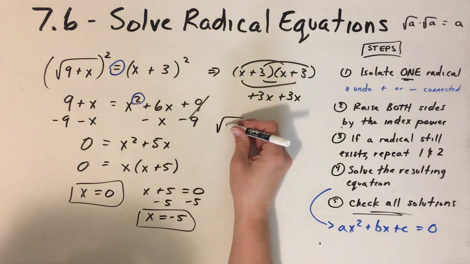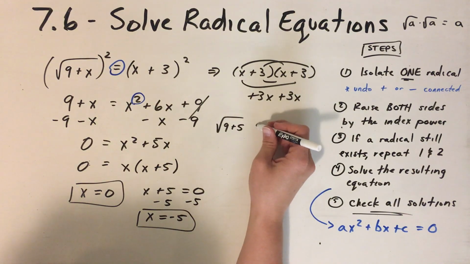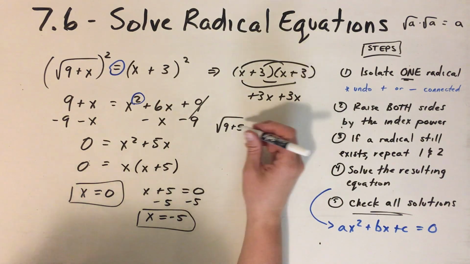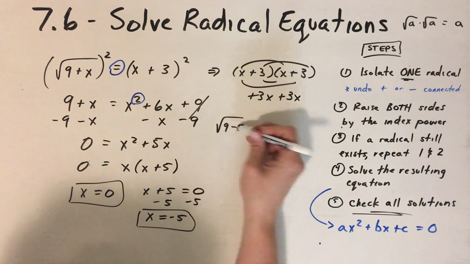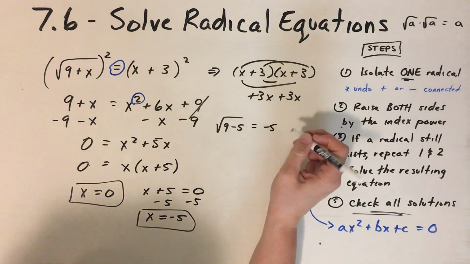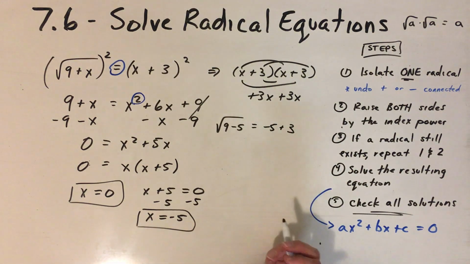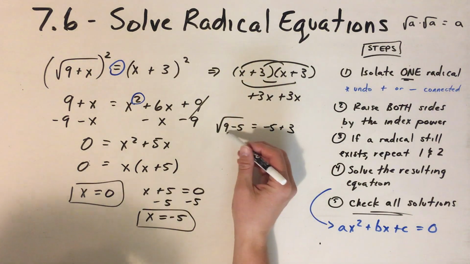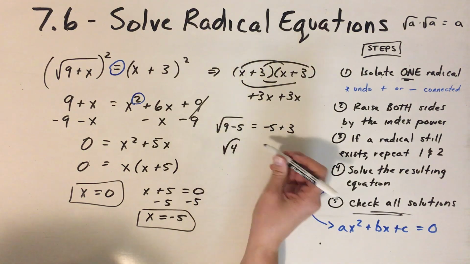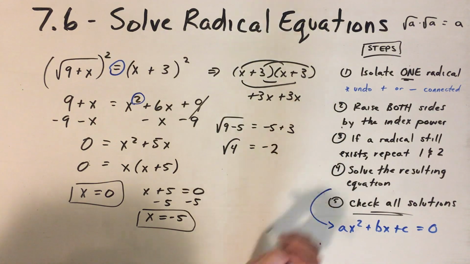Again, this checking is not just for fun, but a necessary part of the problem to make sure that you aren't getting the wrong answer. Okay, so 9 minus 5, this is the square root of 4, but -5 plus 3 is -2.